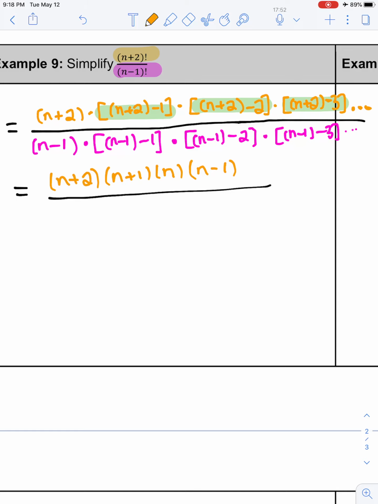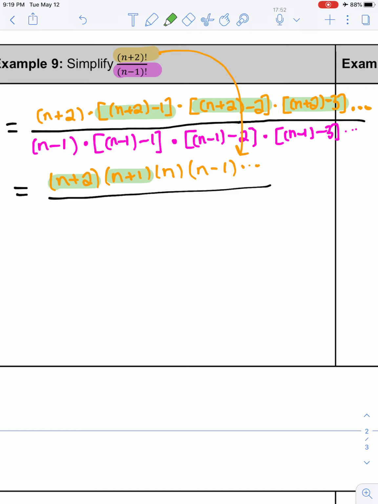Before I look at the denominator, I want to talk through what we've accomplished. From n plus 2 factorial to this right here, which continues the pattern, we started with our n plus 2, and we multiplied by that decreased by 1, so n plus 2 minus 1 is just n plus 1.